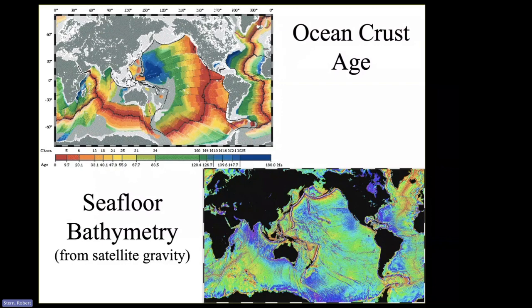And of course, that's because the spreading rate is much higher in the Pacific than in the Atlantic, so the area of young crust is much wider there.